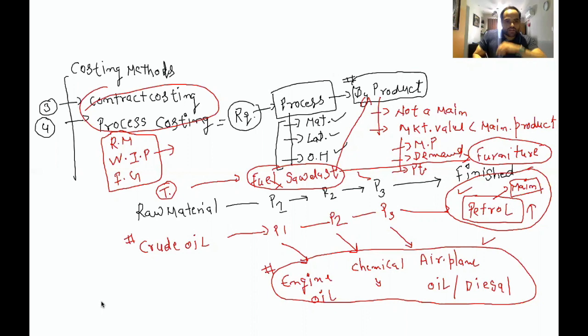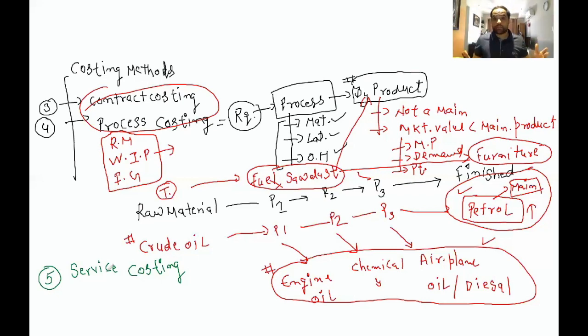Now we move on to the last costing method, which is for non-manufacturing, which is service costing. Right, service costing. Now, as you can see, it's mainly applied for those products which are intangible in nature.